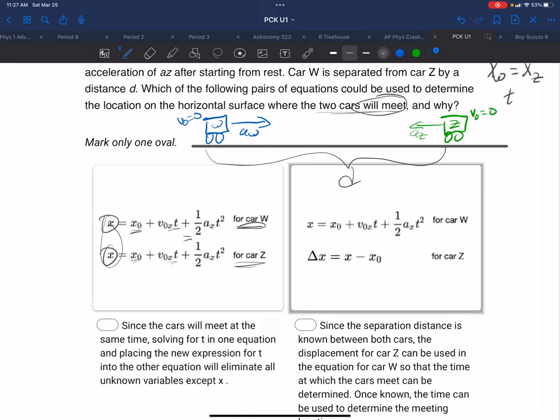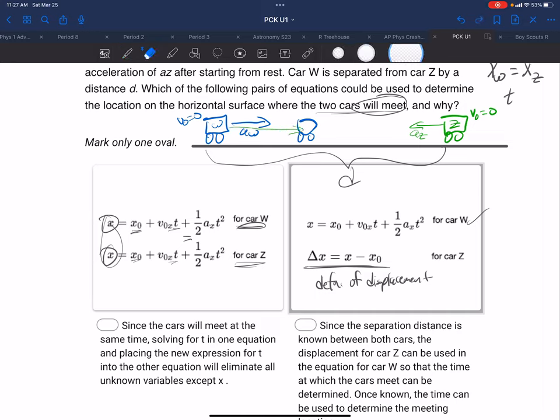Now, when we look at the second set of equations, of course, we have this for W. Well, what does this equation mean? This equation is the definition of displacement. It will tell us, for example, for car W, that if it traveled from here to here, that would give us the delta x.